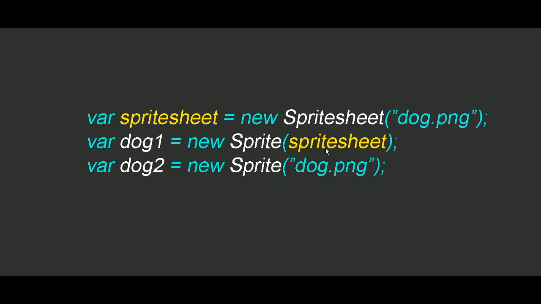Everything else will remain exactly the same. Doing it this way will allow us to use multiple sprite sheets for different characters, or even use the same sprite sheet to draw multiple objects using the same instance of a sprite object.